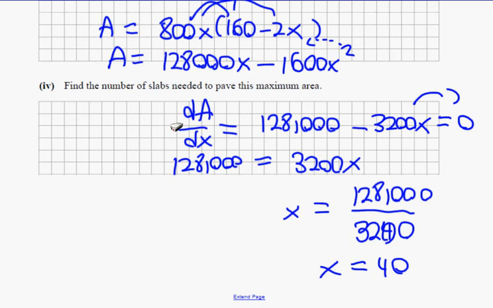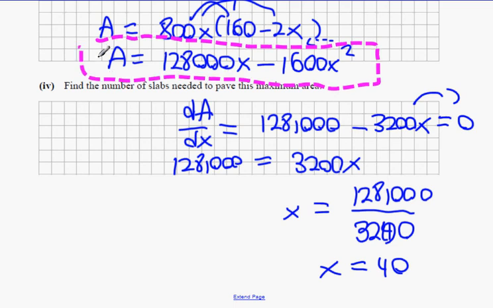Now, can anybody tell me, what does this equation mean here? The one that's circled in pink. What does A mean? Area. Area equals 128,000 multiplied by the number of slabs in the x direction, minus 1,600 multiplied by the number of slabs squared.